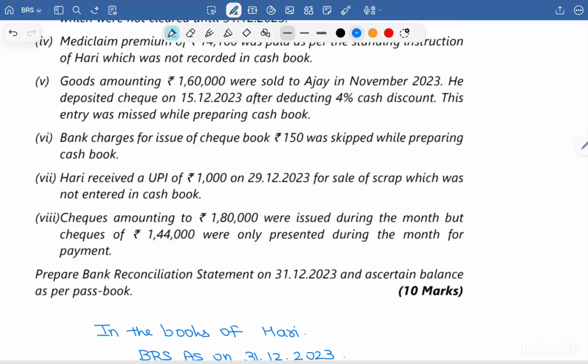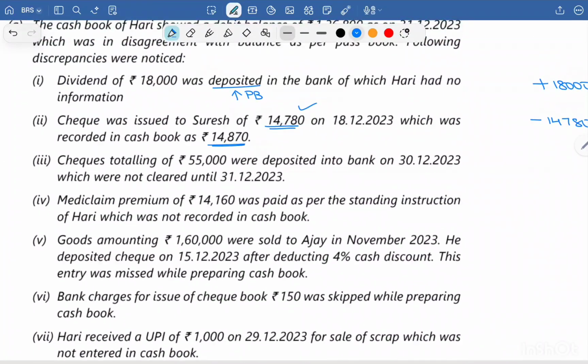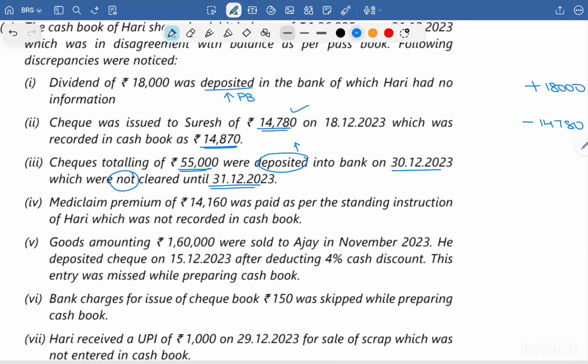Then adjustment number 3. Under adjustment number 3, checks totaling rupees 55,000 were deposited. Deposited means my balance will increase in the bank, on 30th December 2023, but they were not cleared until 31st December 2023. So checks deposited but not yet cleared. Timing difference.